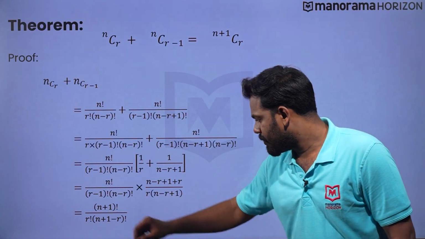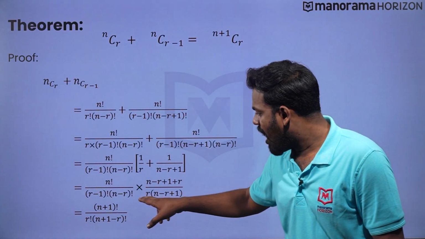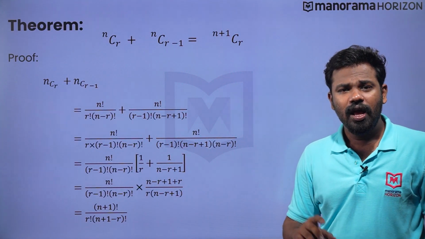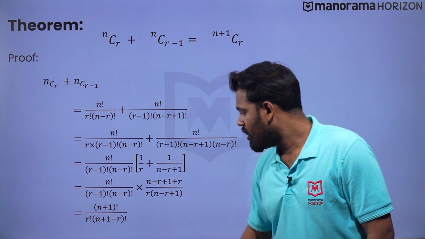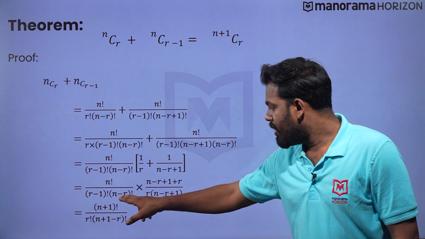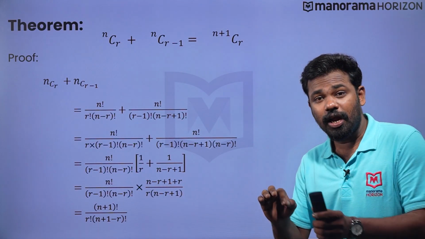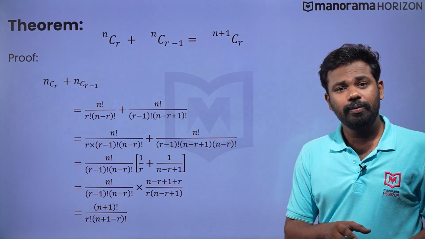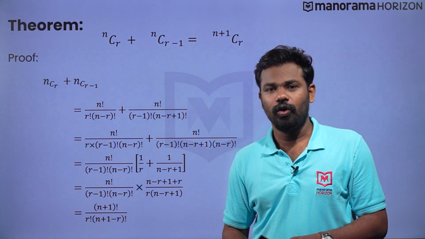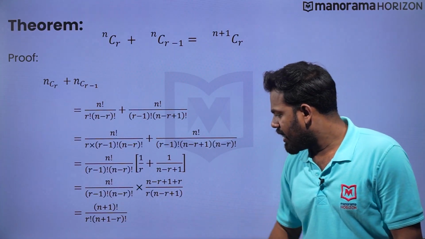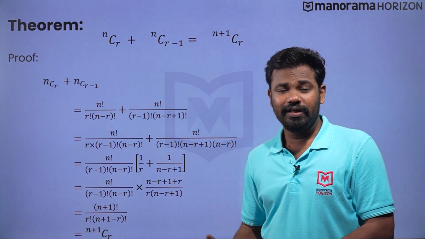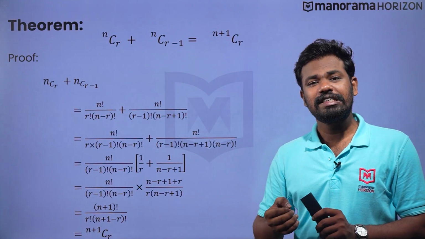So I can write it over here. And same way, I have r and r minus 1 the whole factorial. And when you take the product, you can write it as r factorial. And also you have n minus r the whole factorial and n minus r plus 1 the whole factorial, which is nothing but n plus 1 minus r the whole factorial. So in that same way, if I write this, I can conclude that as what? N plus 1 CR.